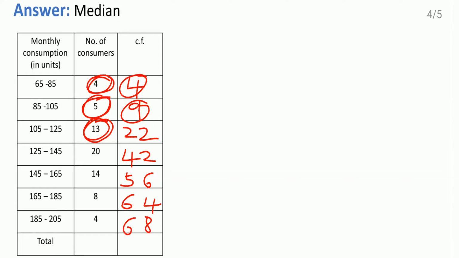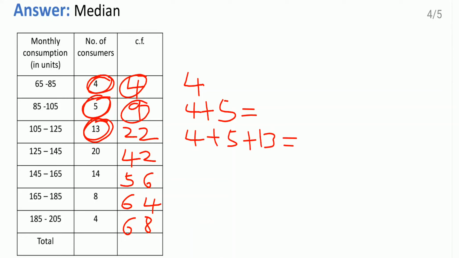Have you understood what I did? Simply see what I did here. 4 as it is I have written. Then here 4 plus 5 I did. Then I have written this 4 plus 5 plus 13. Then 4 plus 5 plus 13 plus 20 and so on. Correct? This way I got the cumulative frequency.